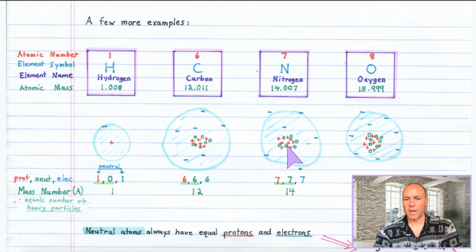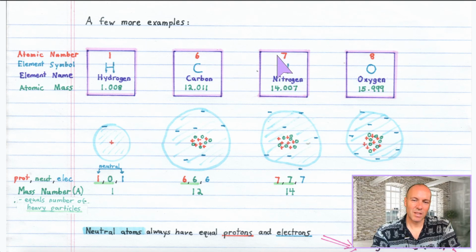Here's a representative nitrogen atom. It's kind of an ugly looking atom, distorted. I didn't have a nice circle to draw it, but you get the picture. So how many protons, neutrons, and electrons? Nitrogen is atomic number 7, so there better be 7 protons in here, and you can see there are. There are 7 neutrons and 7 electrons.